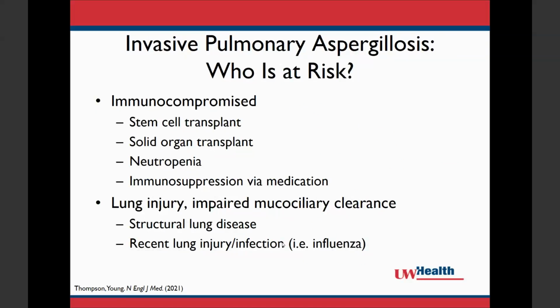So those with solid organ transplants or stem cell transplants, who are neutropenic or maybe immunosuppressed via medications. And then also patients who have lung injuries or impaired mucociliary clearance. So those with structural lung disease like COPD or pulmonary fibrosis may be at higher risk, or even those with recent acute lung injury, like from viral infections like influenza.